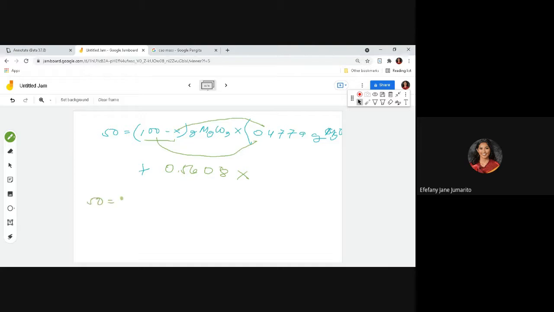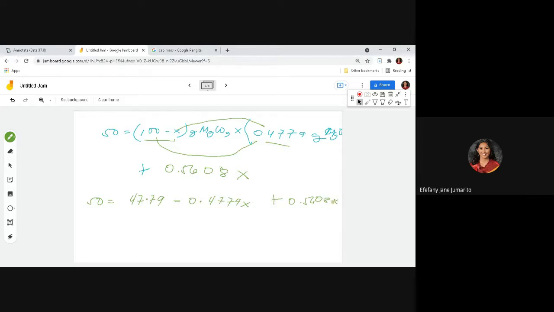So we have 50 is equal to 100 times 0.4779, that's 47.79, minus x times 0.4779, that's 0.4779x, plus this one 0.5608x.